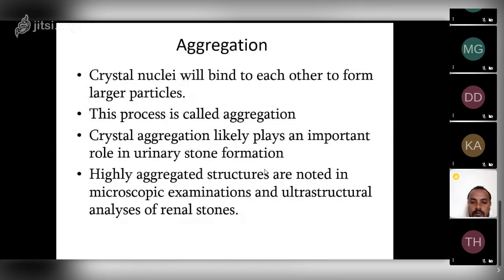And in the aggregation, crystal nuclei will bind to each other to form large particles. The crystals bind to form the large particles, and this process is called aggregation. And crystal aggregation likely plays an important role in stone formation. So this is an important role for the stone formation. Highly aggregated structures are noted in microscopic examination and ultrastructural analysis of renal stones.